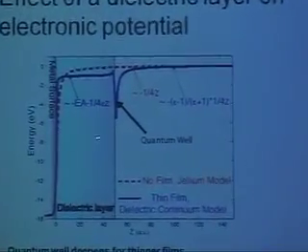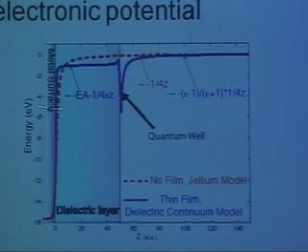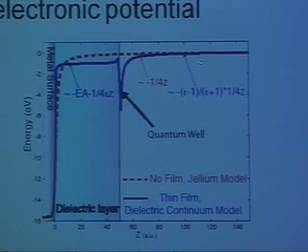Here you have a dielectric in front of a metal, and this is the potential, which has this strange shape, almost like a two-dimensional quantum well in front of the dielectric region. It's because this potential is trying to go down here, but the dielectric gets in the way and pushes it back up again before it can come down in the metal. So this may have some influence on the dynamics of the electron trying to tunnel into the metal.